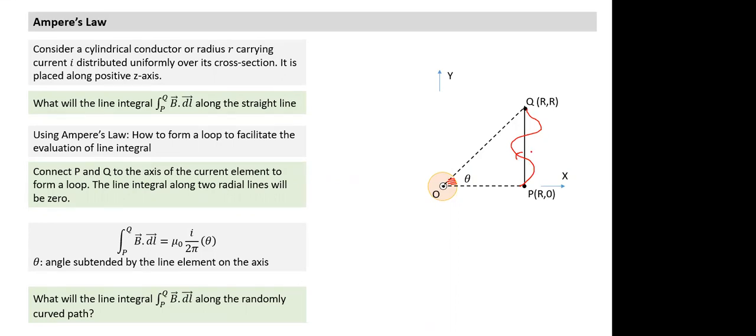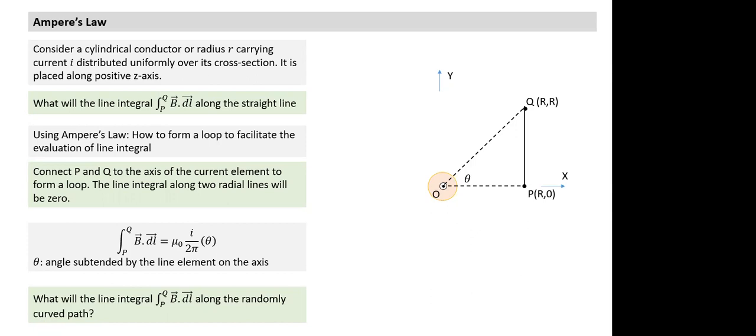Can you find that also? It will be the same. It doesn't matter. Any shape we take, all that matters is that you connect the beginning point and the end point to the center. Once you get the angle theta, you can easily evaluate those terms. It would be the same. So I hope this is clear to everyone.